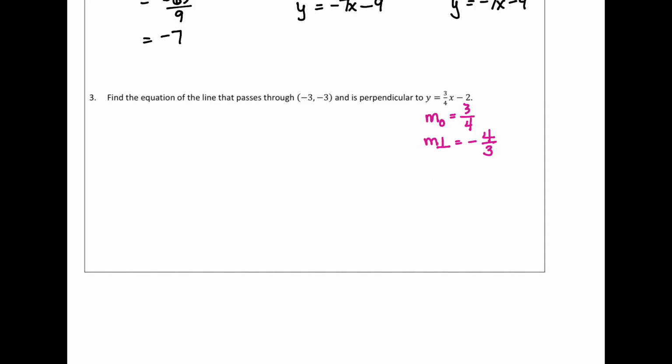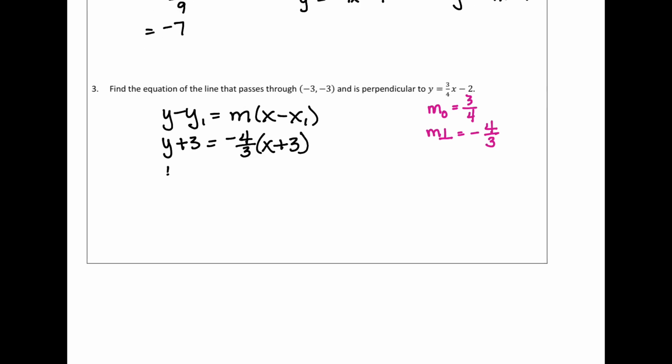Because we're doing perpendicular. So y minus y sub 1 is equal to the slope times x minus x sub 1. So y minus negative 3 is equal to negative 4/3 times x minus negative 3. Same thing. Okay, distribute.